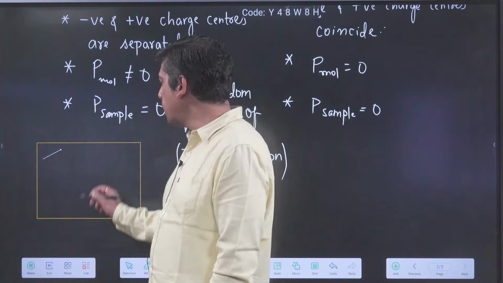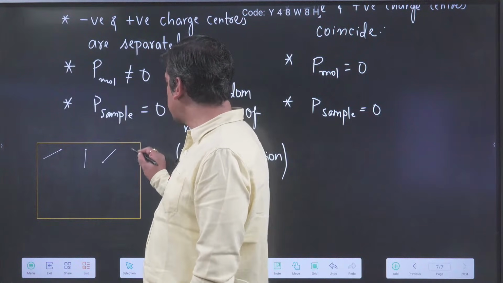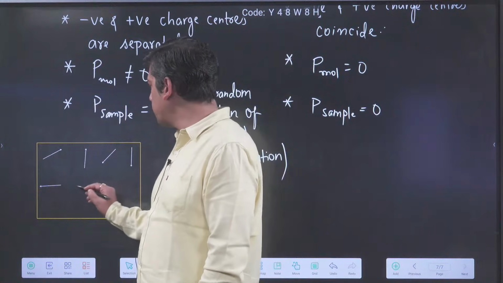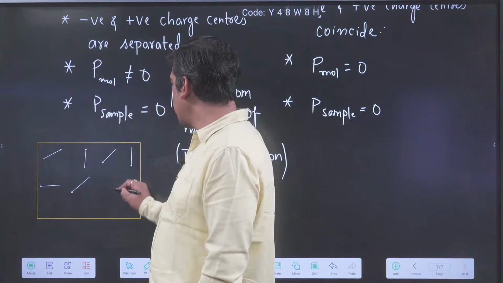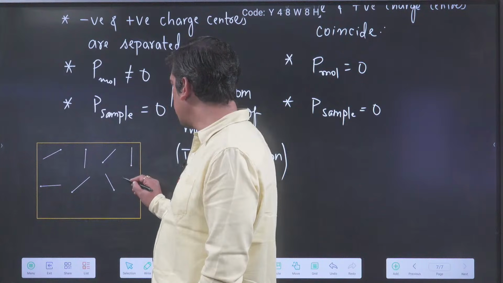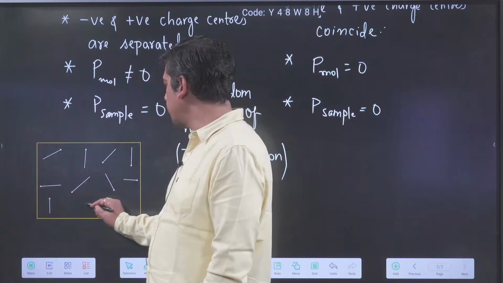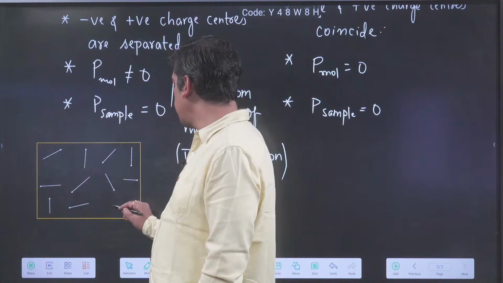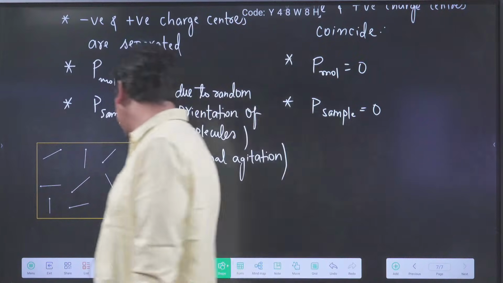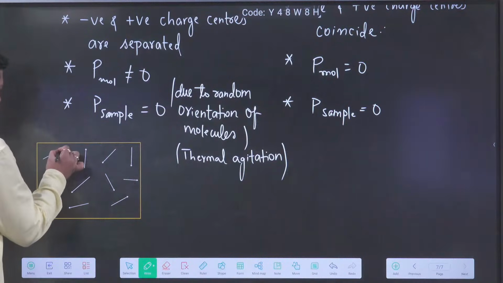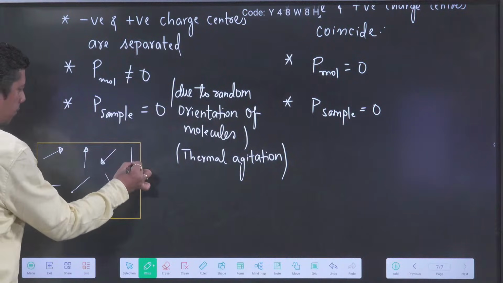Then another molecule will be like this, another like this. This is known as random direction. The arrow is not clear, let me draw for you.